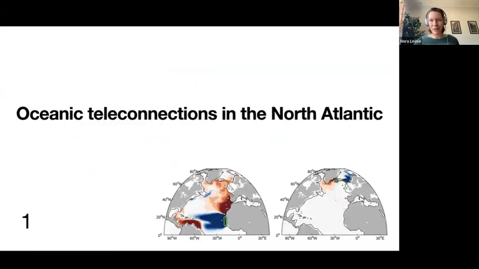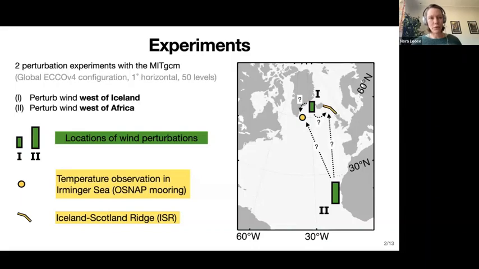Okay, so let's start with looking at some oceanic teleconnections in the North Atlantic. I'll show you two perturbation experiments with MITgcm. In the first experiment, I will perturb wind west of Iceland, here in this first green box. And in the second experiment, I will perturb wind west of Africa in this second green box.